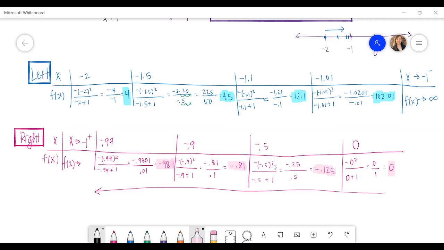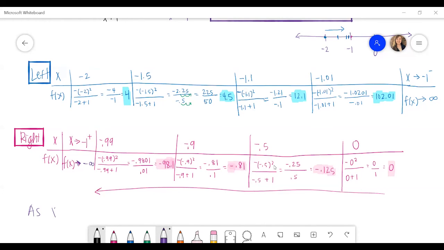So it looks to me like this is decreasing, and it has a pretty significant jump from here to here. So again, if you don't believe it, or if you need to see more, plot or plug in more points. Try negative 0.999 and see what you get. So f of x seems to be moving in the direction of negative infinity.